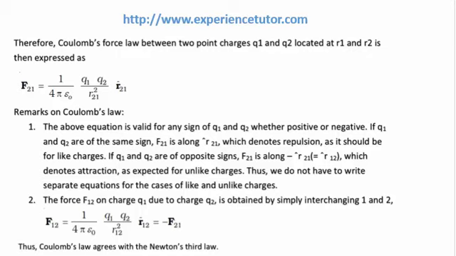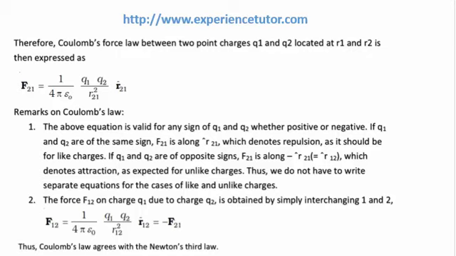If Q1 and Q2 are of opposite sign, F21 is along minus r21 cap, or plus r12 cap, which denotes attraction as expected for unlike charges. Thus, we do not have to write separate equations for the cases of like and unlike charges.